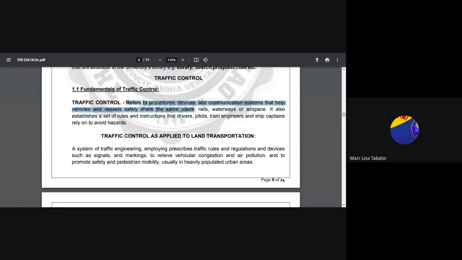Not just them, but in general, also airplanes, boats, ships, and all other vehicles, as well as the rules and regulations for drivers, pilots, ship captains, and members of traffic or road engineering management teams in order to avoid hazards and travel safely and efficiently.